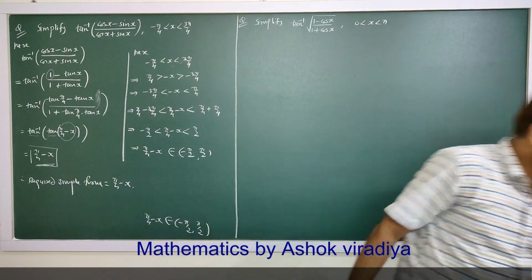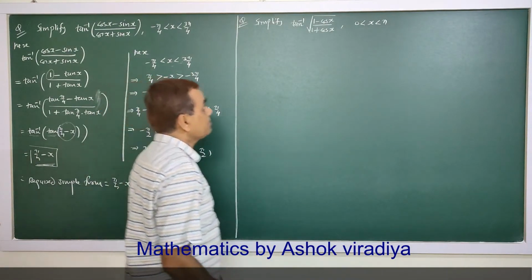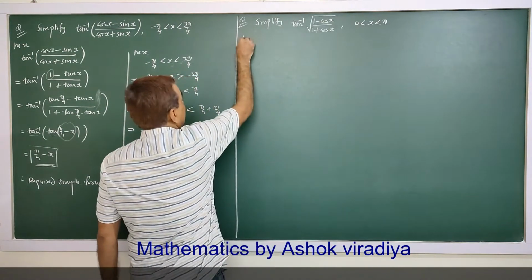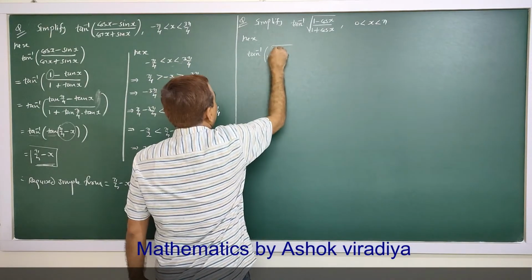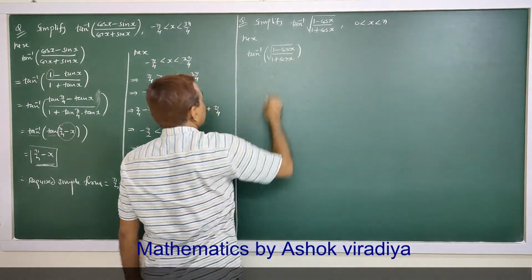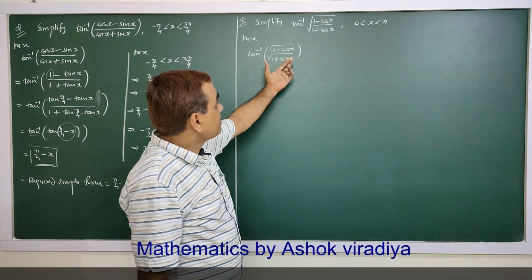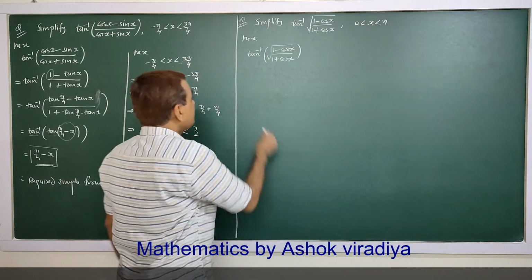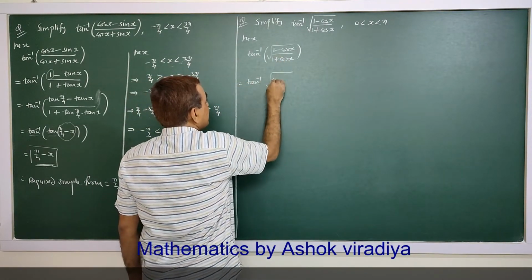Now, similarly, we take this question, simplifying this expression: tan inverse of the square root of (1 minus cos x) upon (1 plus cos x). Already a trigonometric result is given: 1 minus cos x upon 1 plus cos x is tan square x by 2.